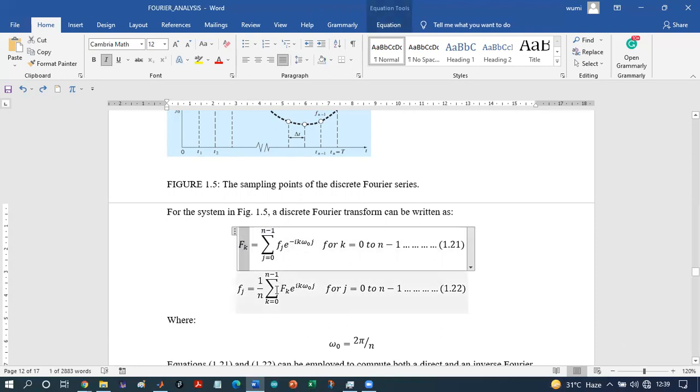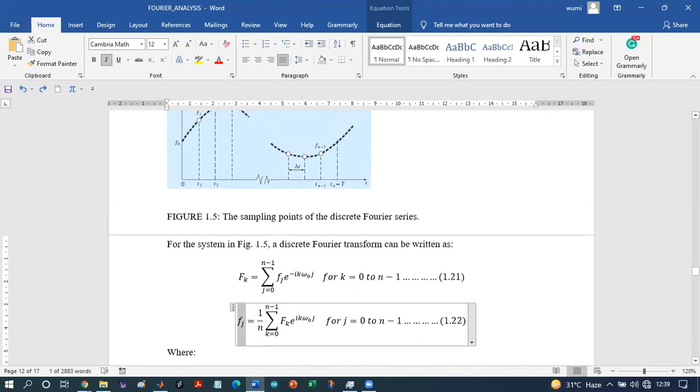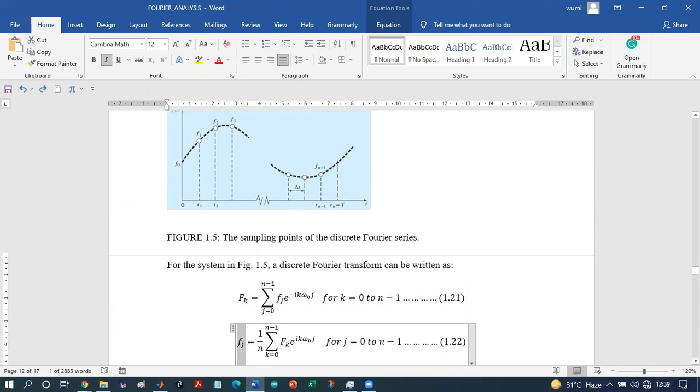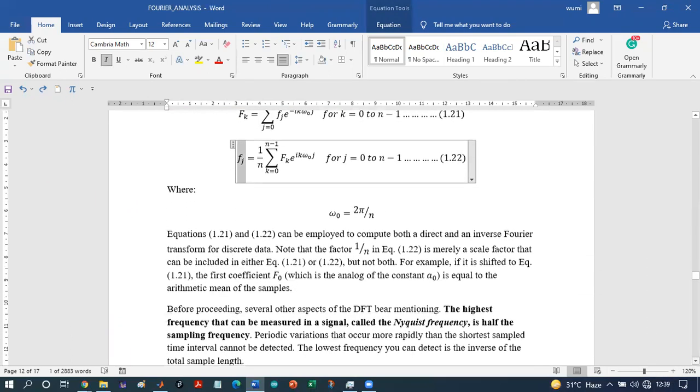So here is a Fourier transform. So f of j is this breaking down we did, so breaking down the signal into different time intervals. So looking at the amplitude, this is the formula to actually get the DFT.